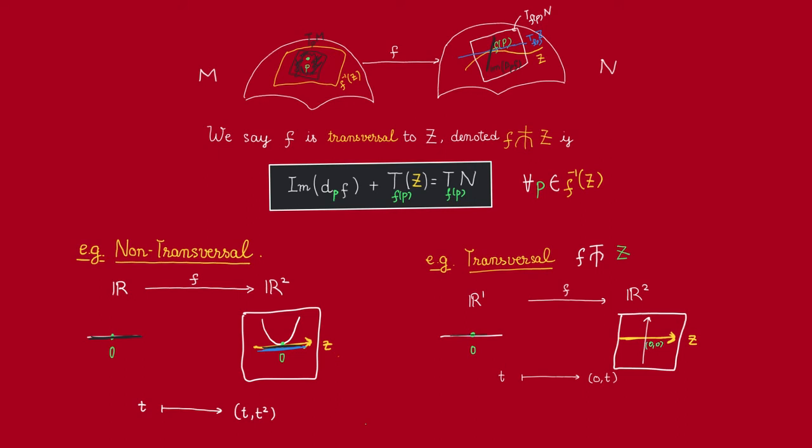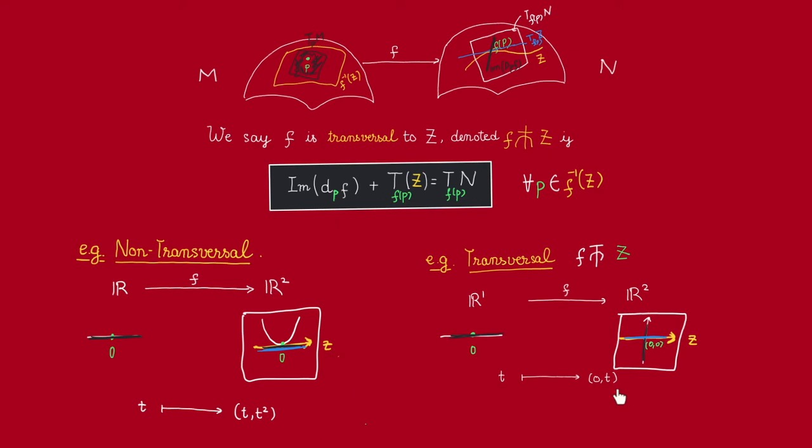What's the image of the tangent space to the origin? Well, it's going to be this line. And now what's the tangent space to Z at the origin? Well, it's going to be this line. So together, they actually generate the tangent space to the plane at the origin. And thus, in this case, F is transversal to Z.